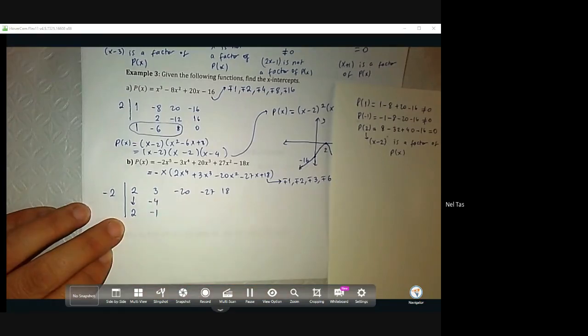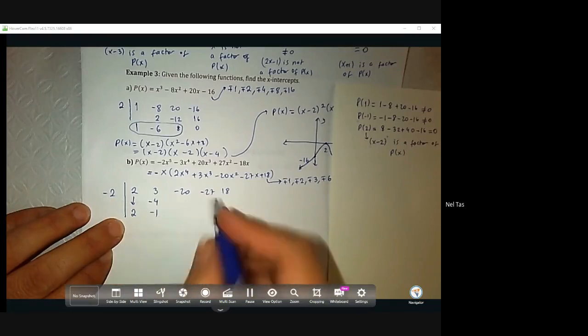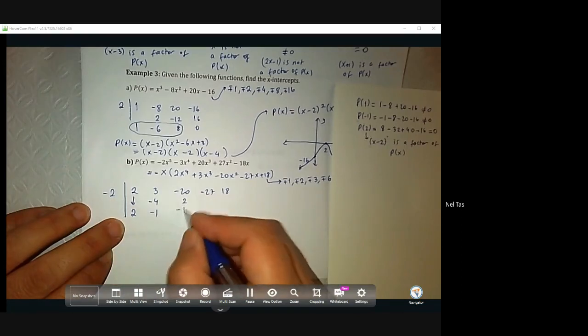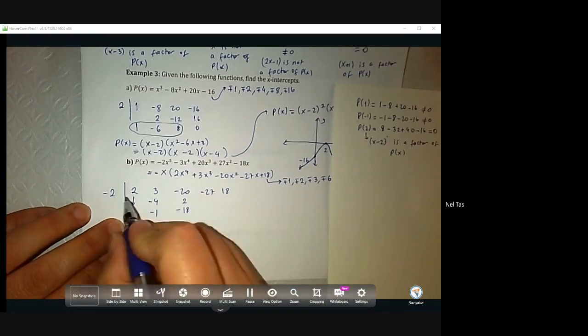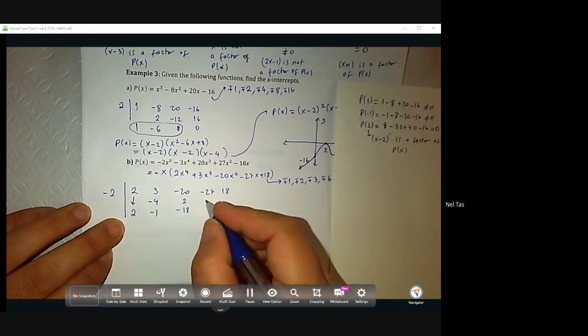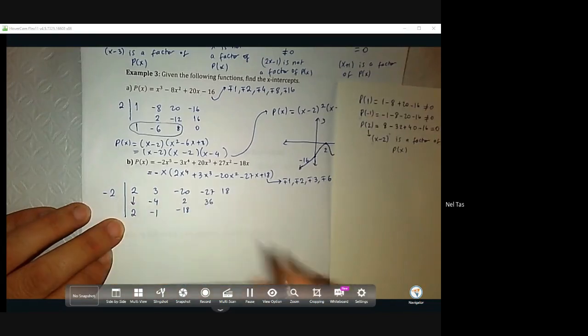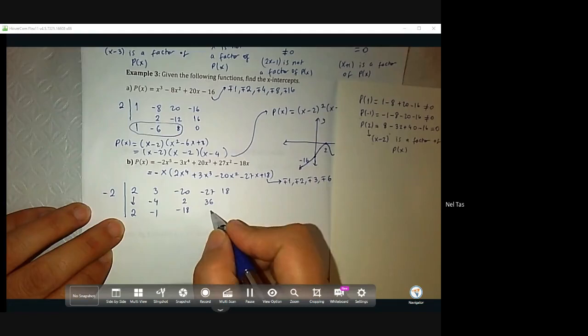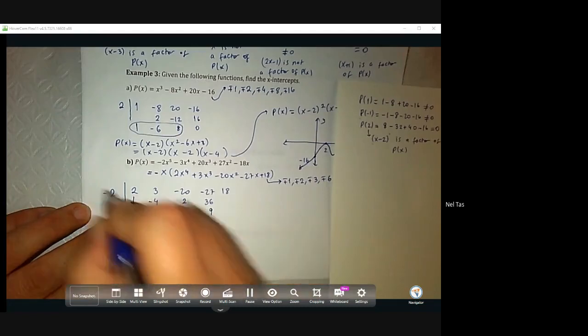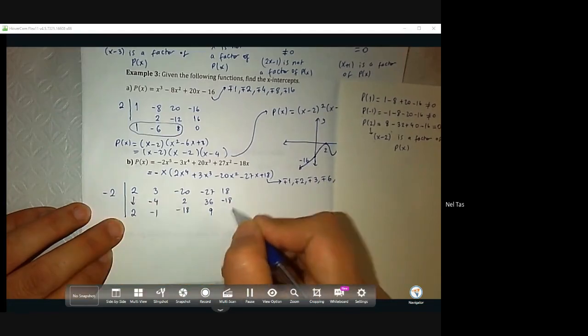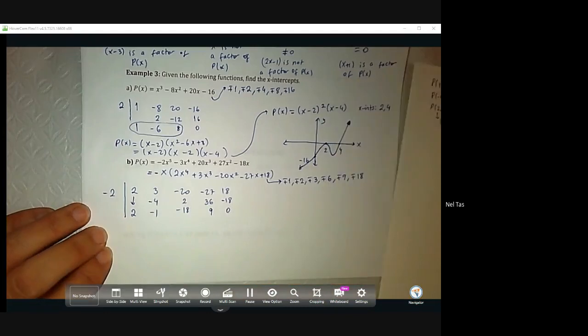We get negative 1 from here. Negative 1 times negative 2 gives you 2, and we get negative 18. Negative 18 times negative 2 gives you 36. Add them up, you get 9. 9 times negative 2 gives you negative 18. When you add them up, you get 0.